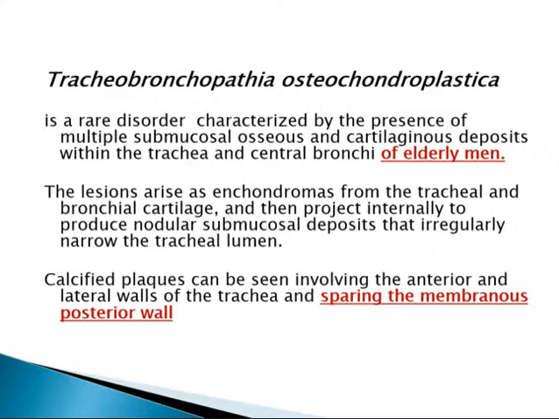The lesions arise as enchondromas from the tracheal and bronchial cartilage and then project internally to produce nodular submucosal deposits that irregularly narrow the tracheal lumen. Calcified plaques can be seen involving the anterior and lateral walls of the trachea, sparing the posterior membranous wall, which, as the name says, is a membranous part and lacks cartilage, therefore it doesn't happen in the posterior wall.